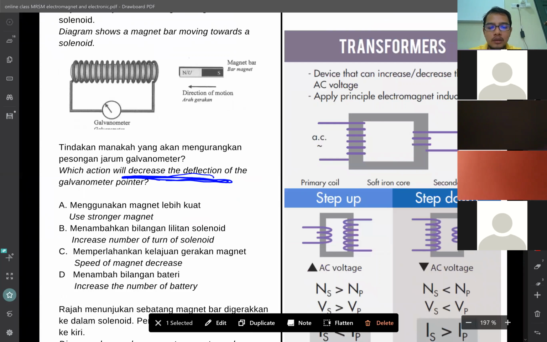So to increase the induced current, number one is increase the speed. Number two, increase the number of turns. And number three, use a stronger magnet.